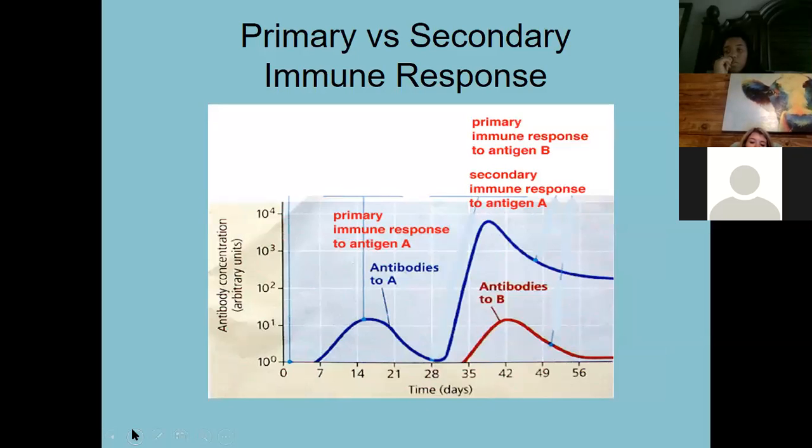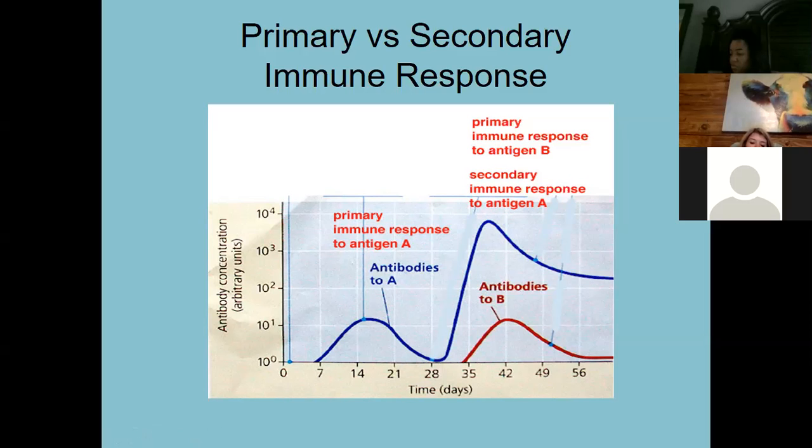So again, here's just an illustration. In the primary immune response, it takes a while. The response is high enough to fight off antigen A, but you are going to get sick. If you see antigen A again, you get a very quick response. That is your secondary immune response. You don't get sick. But antigens and antibodies are very specific.